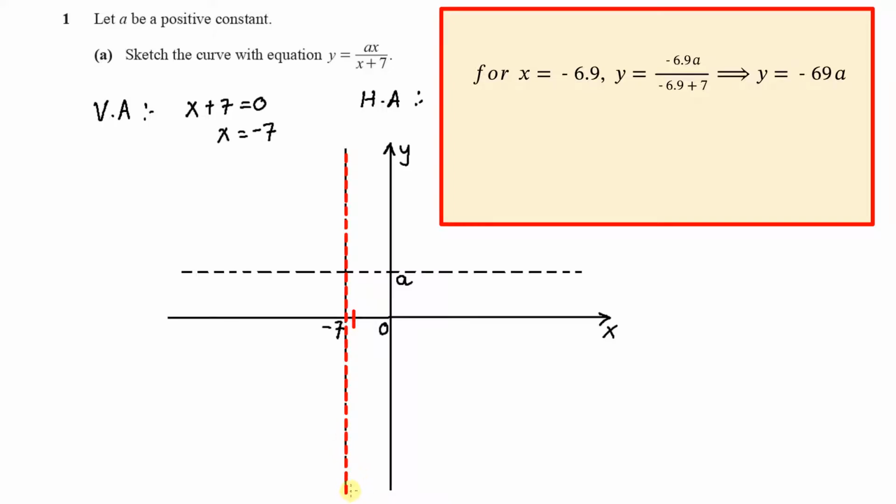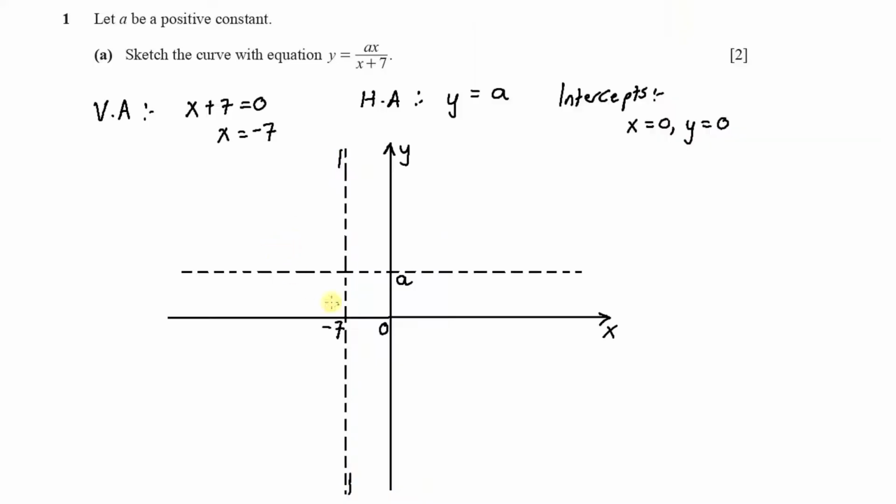The graph is going to be coming from down below here. Also, for values of x slightly less than minus 7, take for example minus 7.1, substituting gives a y value of 79a, which is a big number. So the graph on the left side of the vertical asymptote is going to be coming from around here.